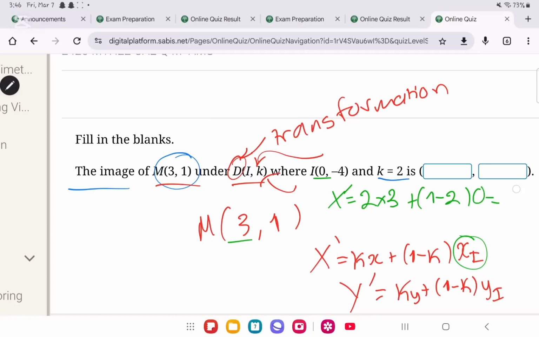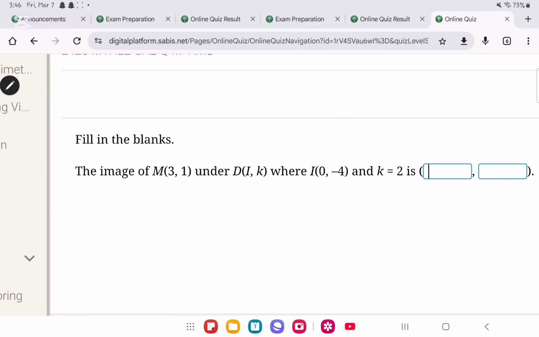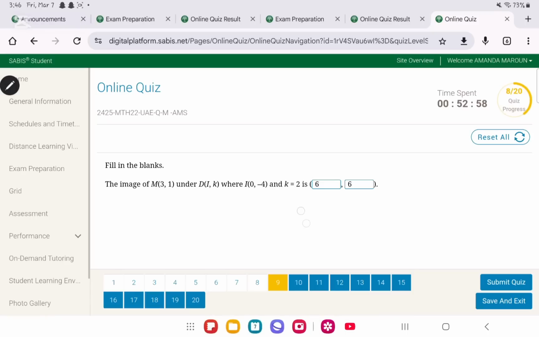So we're going to get an answer of 6. And then finally, to find y prime, it's going to be the constant, which is 2, times y, which is 1, plus (1 minus 2) times the y of the center, which is -4. And we will also get an answer of 6. So very simply, our answer is (6, 6).